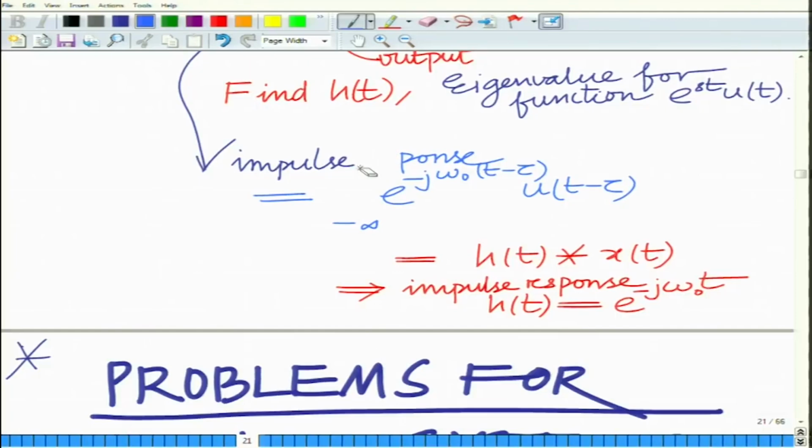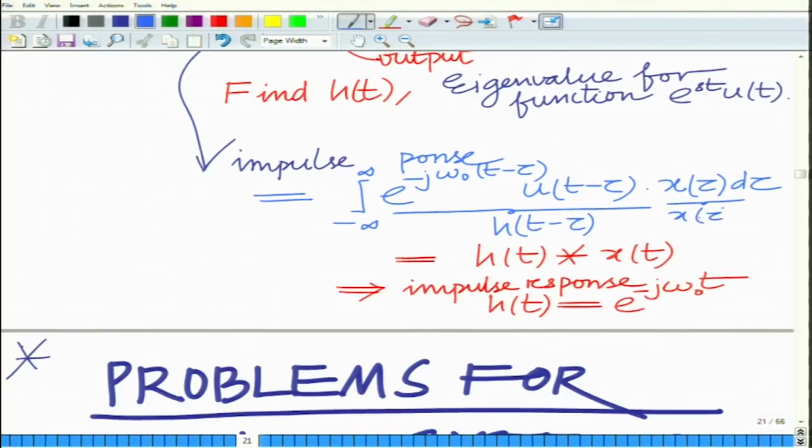So, I can change the limits from minus infinity to infinity for tau, because I am incorporating u(t minus tau), times x(tau) d tau. Now, you can see this is your h(t minus tau), this is of course x(tau), h(t minus tau) into x(tau). So, this is h(t) convolved with x(t).